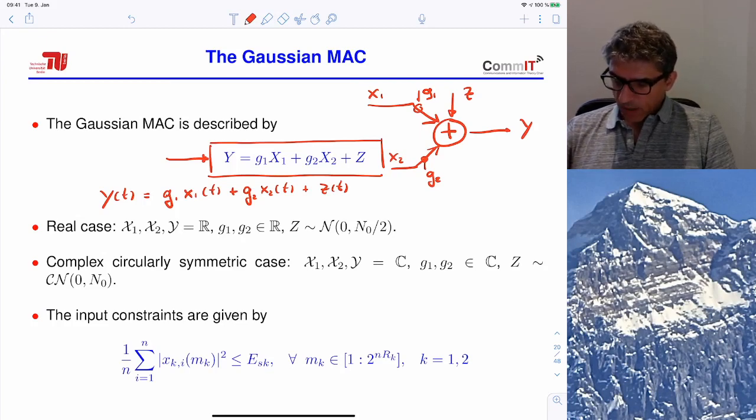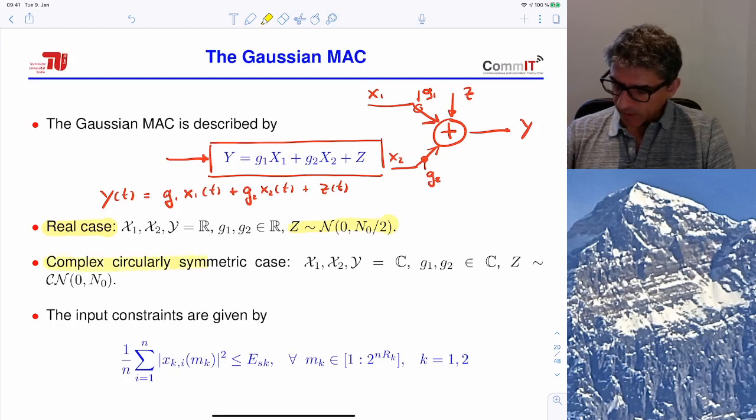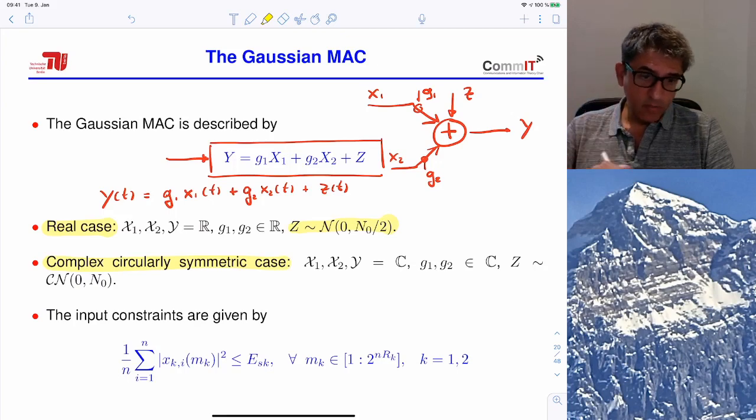So of course we have both the real case, where all variables are real and the noise is Gaussian real with variance N0/2, or the complex circular symmetric case, which models the baseband equivalent of a passband channel. So it's typical of radio channels where everything happens around a modulated carrier at some frequency.